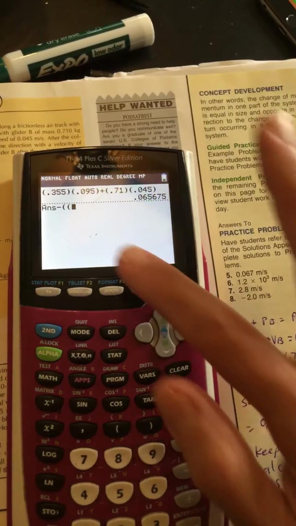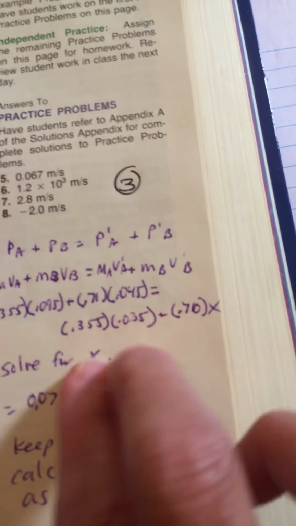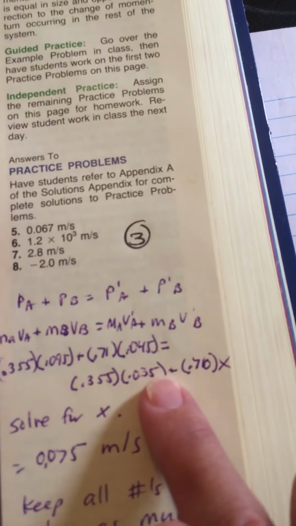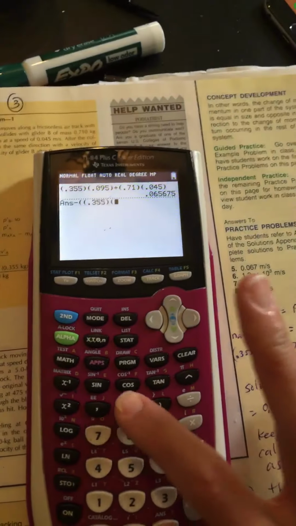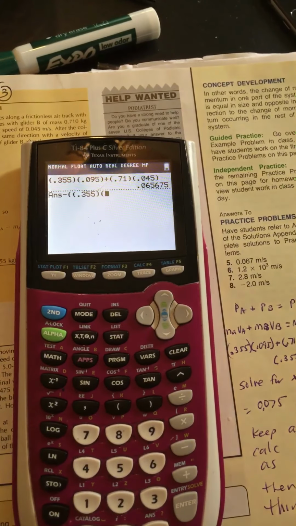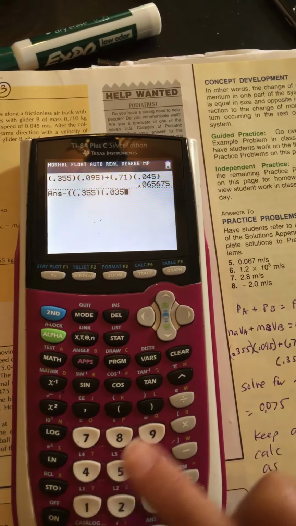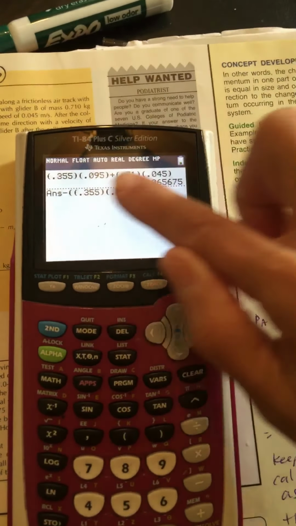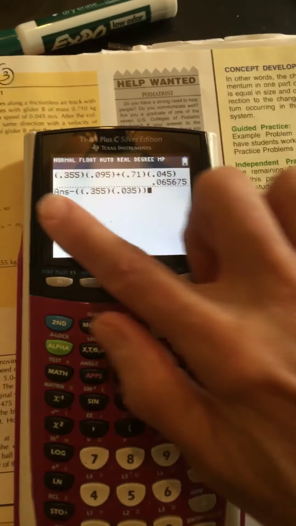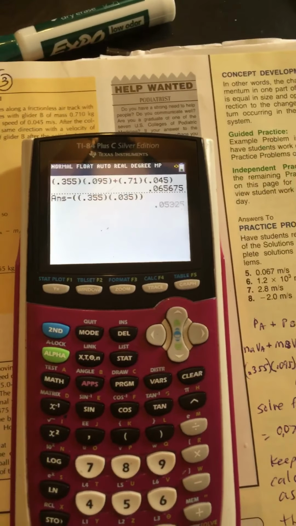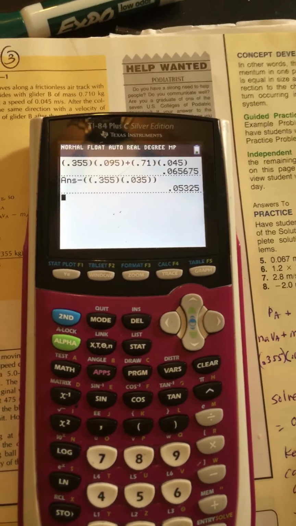So I'm going to put an extra parentheses because I want this whole term to be in parentheses subtracted from that. But now I want to use parentheses to do this math. So I'm going to do 0.355 in parentheses, beginning parentheses, 0.035 in parentheses, and now I have to close it, so I do another parentheses, okay? So now that's going to subtract that term around to the other side, and I get another answer.